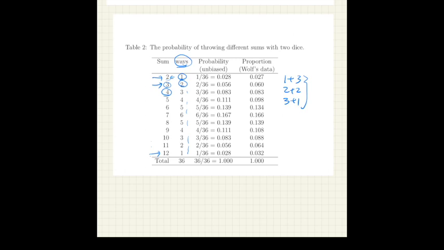If the dice are not biased, each outcome has probability 1 over 36. So you multiply the number of ways to obtain the score by this, and you get the probability of that score. In this case, 2 times this number, 3 times this number gives 3 over 36, and so on.